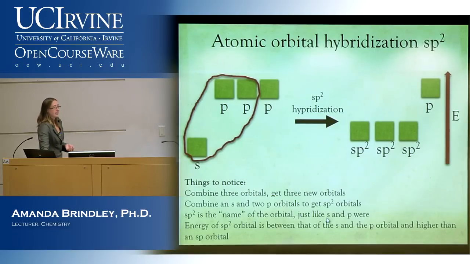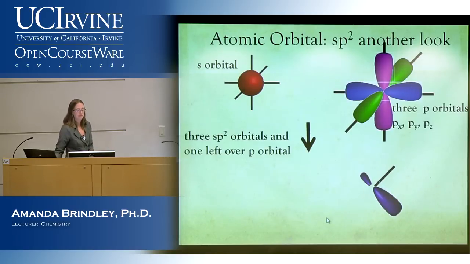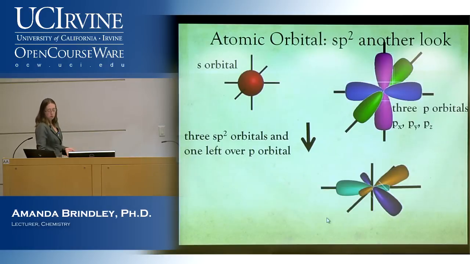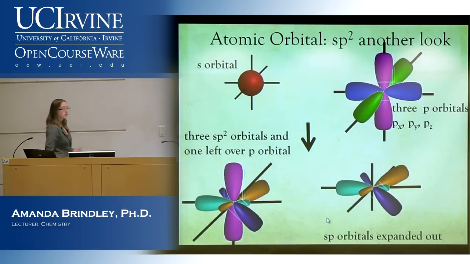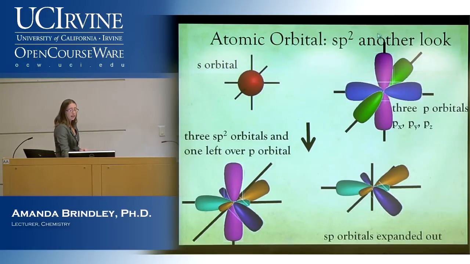Now let's look at what these look like. So now we're taking our s orbital and our 3 p orbitals and we're combining them together, or mixing them together, and making new orbitals with them. And so what are they going to look like? So this will be the basic system that they look like, okay? Now, again, because it's sort of tough to see this all combined, I did take the sp2 orbitals and sort of move them out.